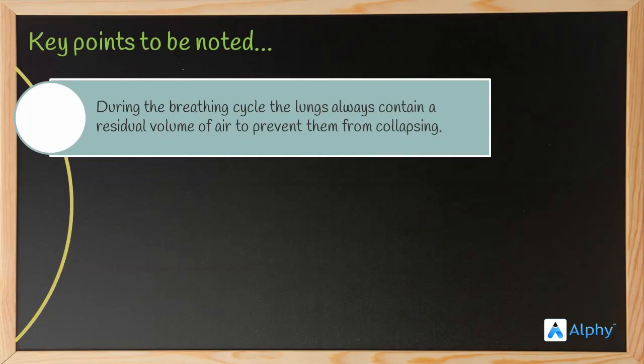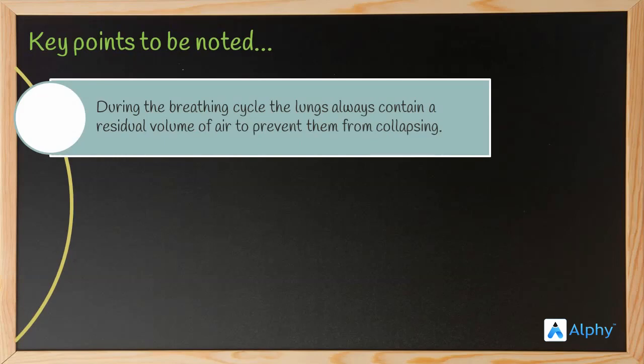Some air still remains inside them, and that air which is remaining in the lungs after exhalation is known as the residual air, or the residual volume. The residual volume indirectly means the left out air. The reason behind keeping this air in our lungs is that it will prevent our lungs from collapsing. Because if all the air gets released from our lungs, the lung tissues would stick together.